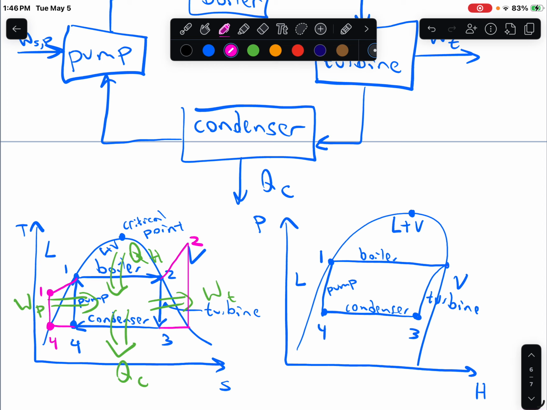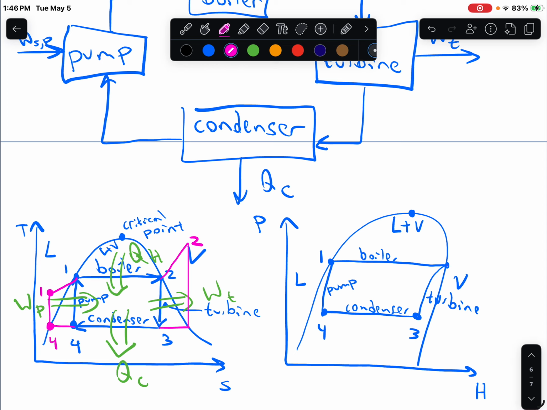Maybe I went a little too far. Well, we'll adjust it. And I'm going to follow a constant S curve to bring me here. Maybe I'll move that a little. And I'm going to redraw this. There's my new point 2.